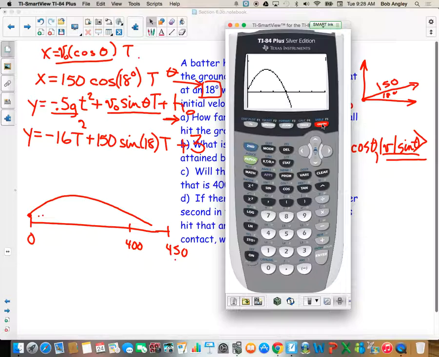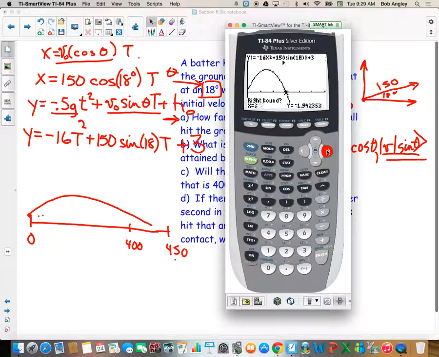Now what we need to do here is calculate this value. The reason we went back to this mode is we can get the t value that causes this to happen. So we want to go second calc, 0. We want to get to the left of where it crossed, and I happen to be real close there.